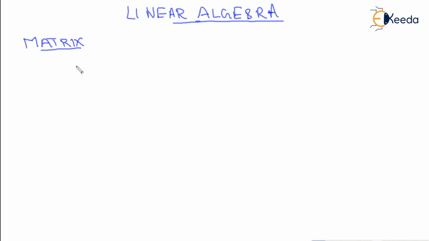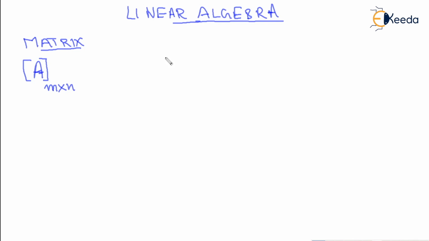So if I'm saying there's a matrix, it is generally denoted by a capital letter, and let's say this is m cross n. We'll come back to this m cross n.